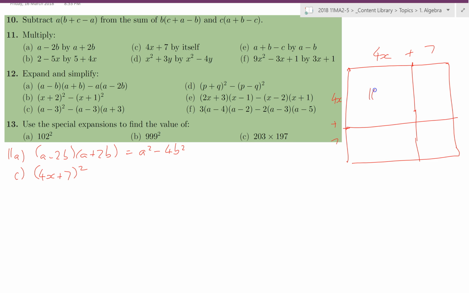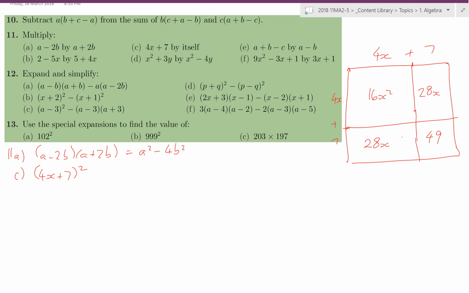Now this part here is 16x squared. This part down here, 7 by 7, is 7 squared, or 49. Now what's this here? Well, it's 7 wide and 4x high, so this is 28x. And this one here, 7 high, 4x wide, is again 28x.